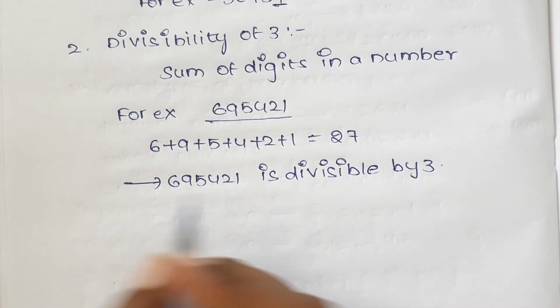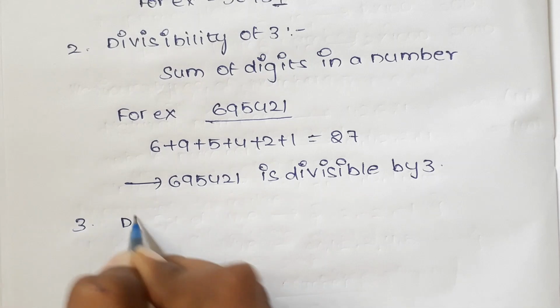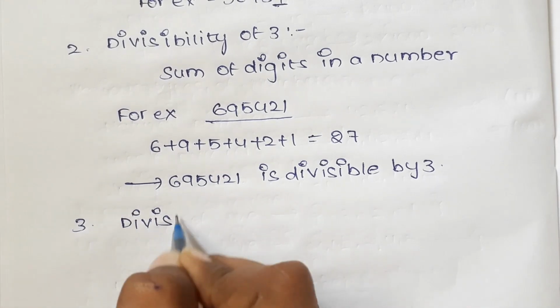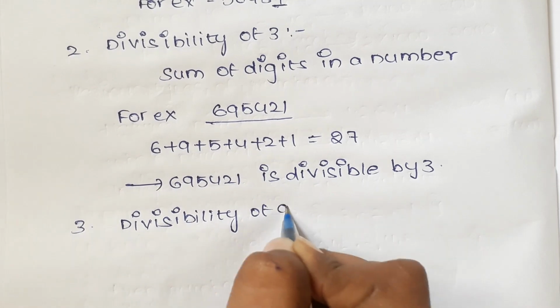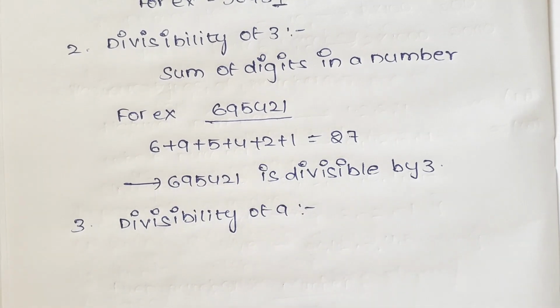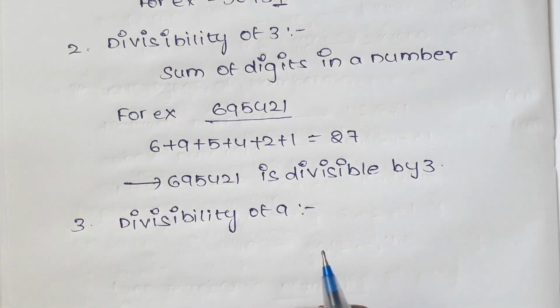And now let us see the divisibility of 9. Here it is also similar to 3. A number is said to be divisible by 9 only when the sum of all the digits of the number is divisible by 9.